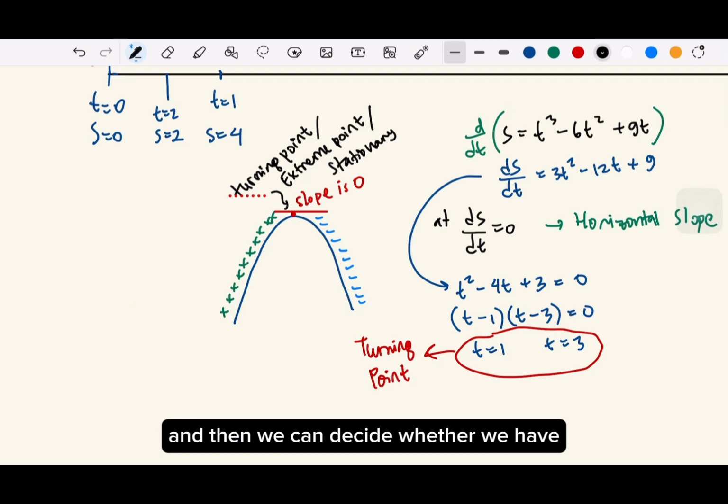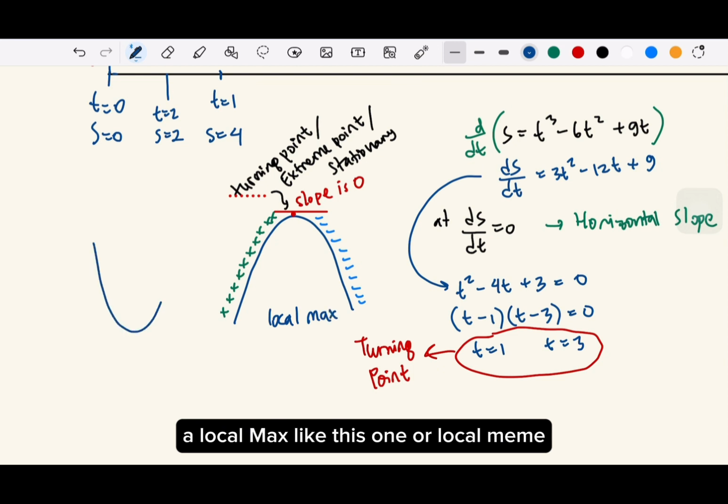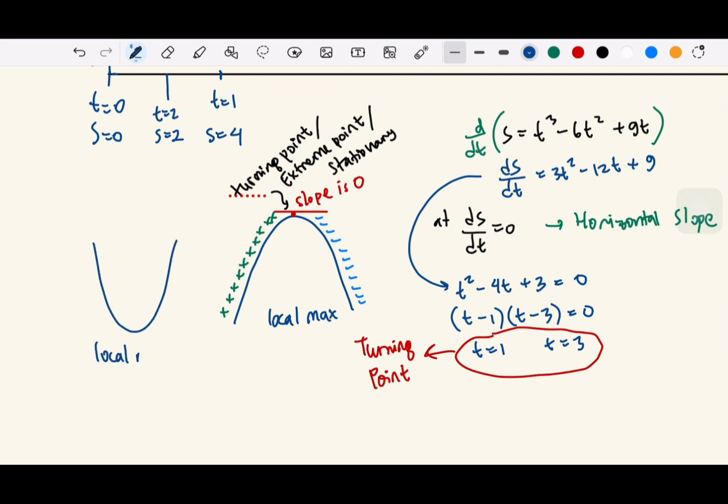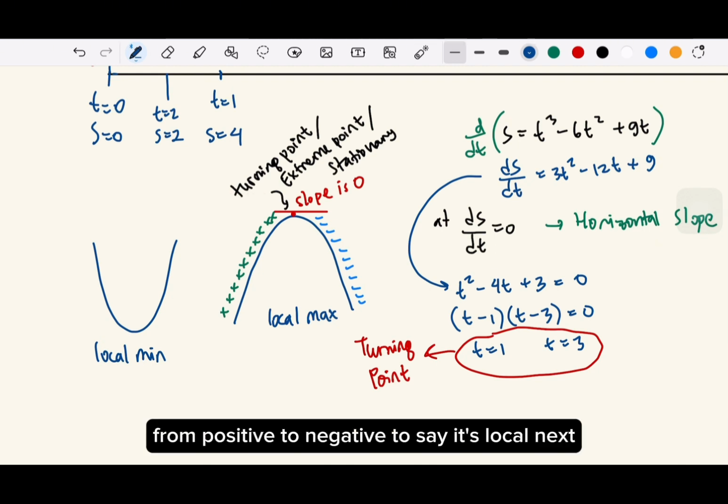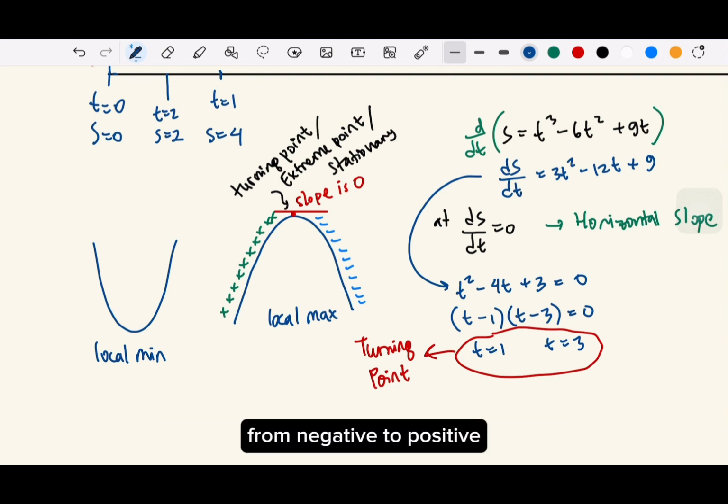And then we can decide whether we have a local max like this one or local min. It depends on how we change: from positive to negative, it's a local max. From negative to positive, it's a local min.